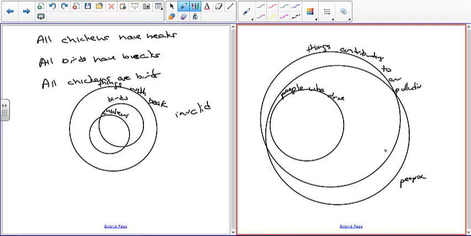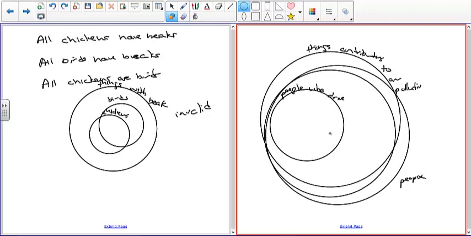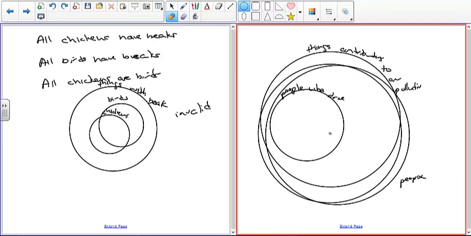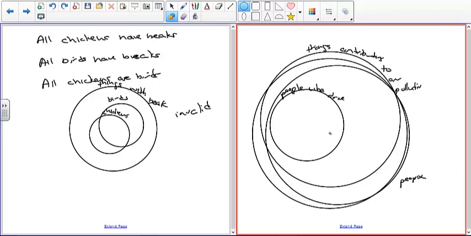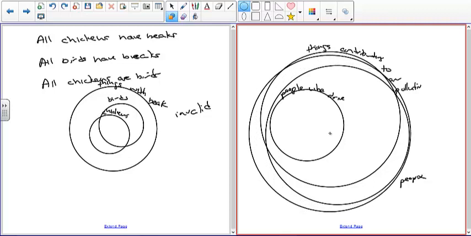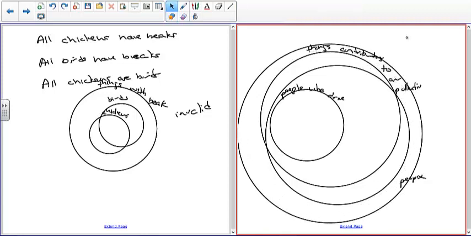Okay, and then the next one is all people who contribute to air pollution make life worse. So that one would include people who drive. It would include people who contribute to air pollution. All people who contribute to air pollution make life a little worse. Let's see how we draw that one.